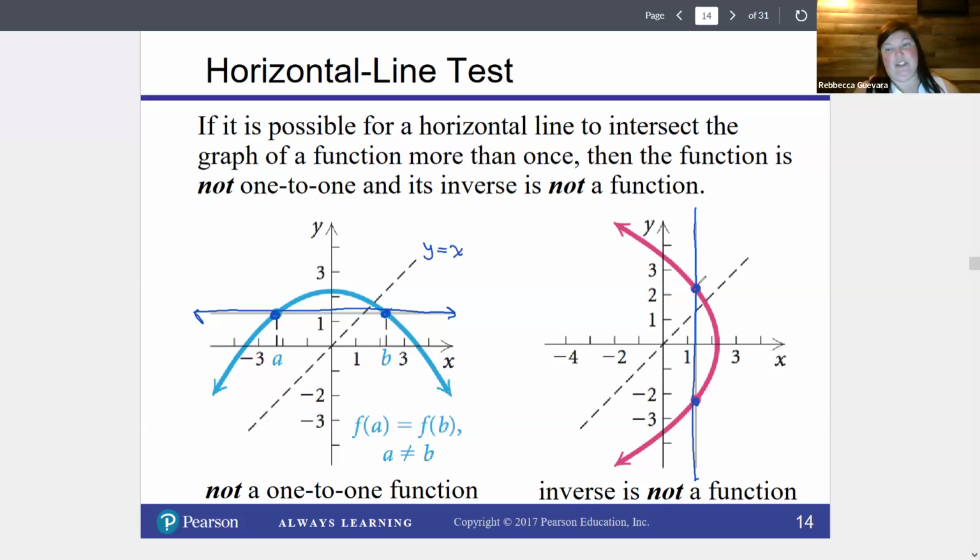This whole thing reflects and looks like this. And now the inverse doesn't pass the vertical line test and is not a function. So if you want to make sure that your function is one-to-one, it has to pass the horizontal line test. So a horizontal line should only cross the function at most once.